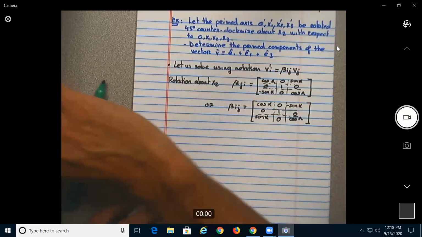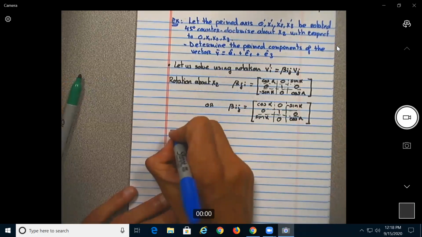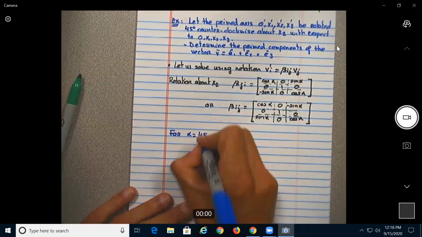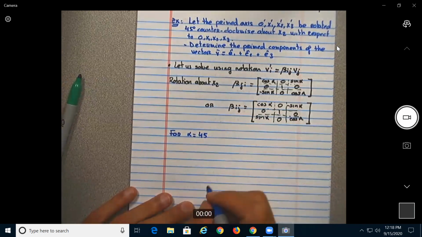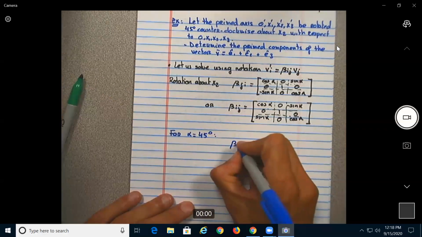Okay, so for alpha equal to 45 degrees, what do we have? Beta ij.